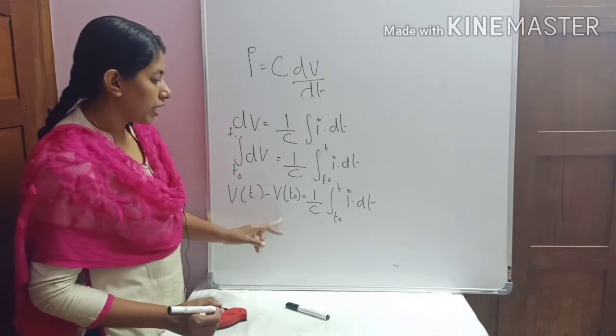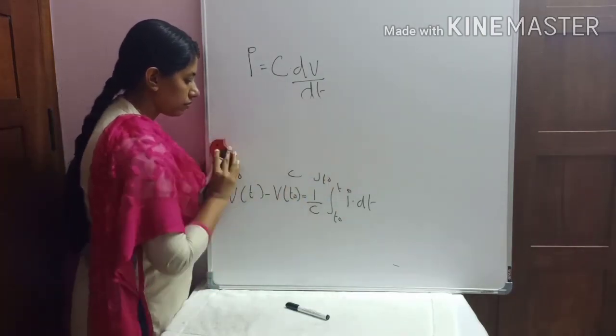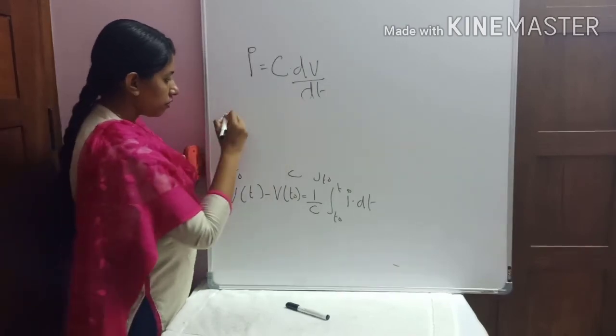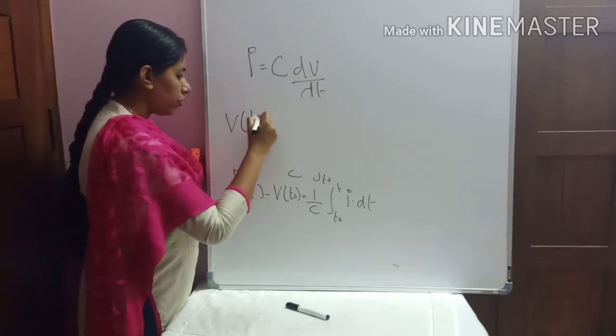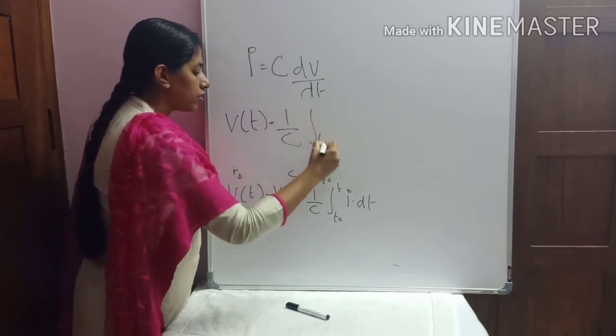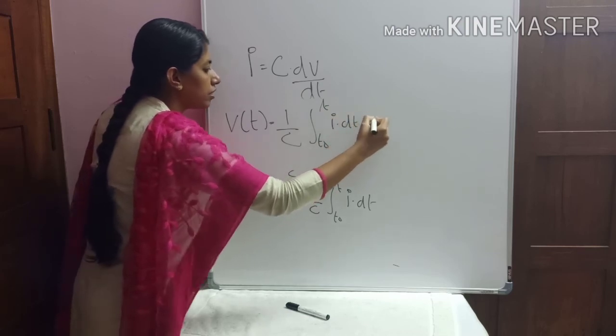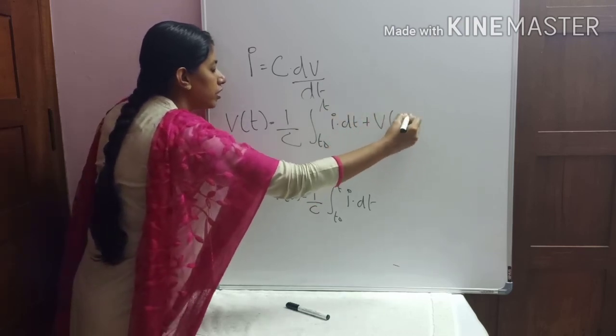Now if we shift this value to the other side, we get V of t is equal to 1 by C integral from t0 to t of I dt plus V of t0.